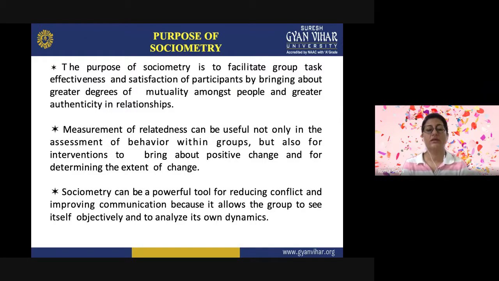Dynamics means it is ever changing. The relations are ever changing, and so is how the group is performing with each other. It keeps changing at the school level. If the same group is moved on to the next class, relationships can change and perceptions can change.